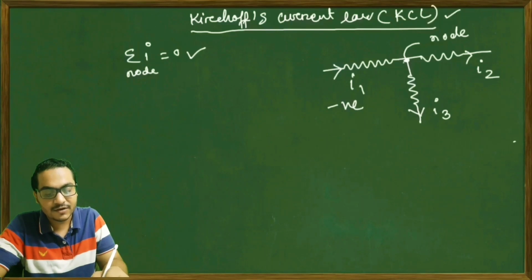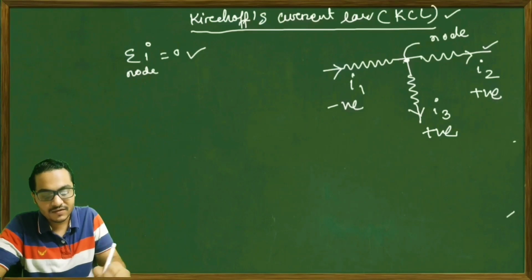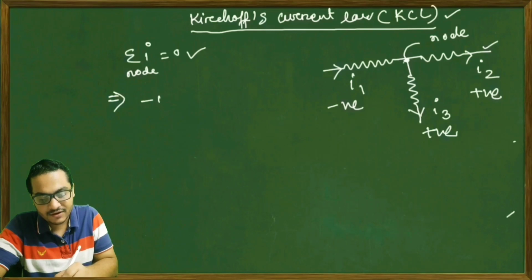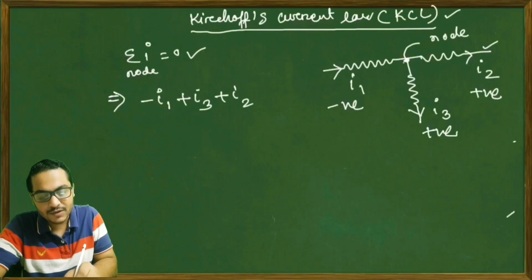So for this branch, this node acts as a higher potential node. So for this current, we take the sign of current as positive. And similarly for I3, we also take positive sign. So this can be written as minus I1 plus I3 plus I2 equal to 0.